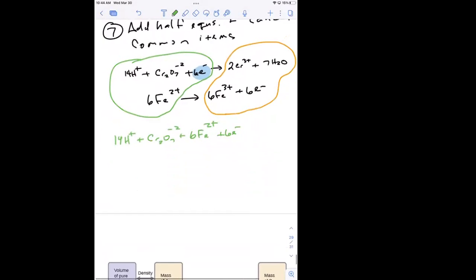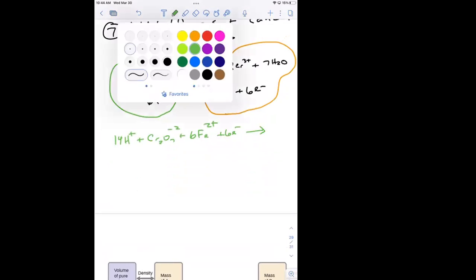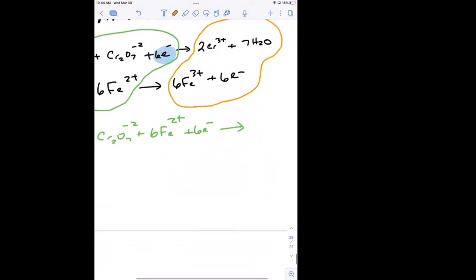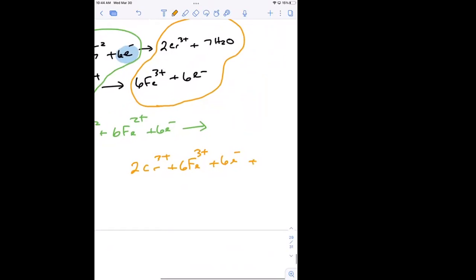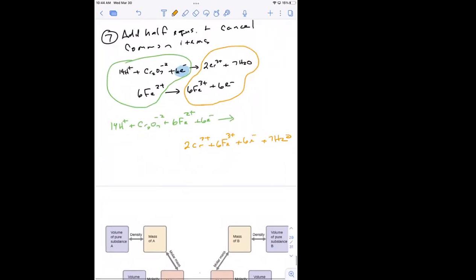All right. And that is going to give me what's on the right side. 2Cr3+ plus 6Fe3+ plus 6 electrons plus 7 waters. So that's the sum. What's common to both sides?